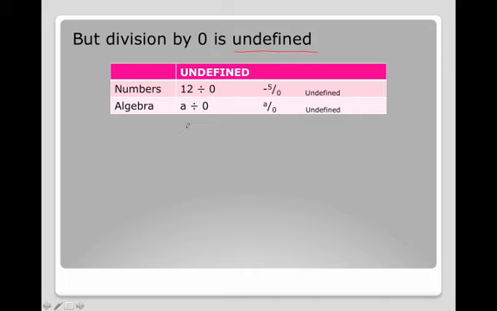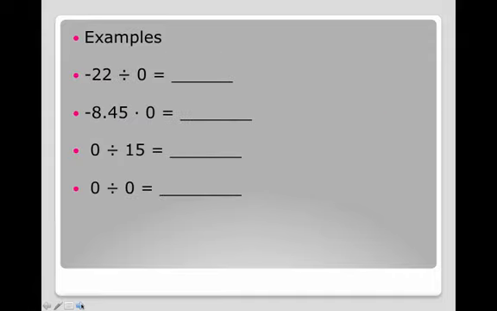If you say that 12 divided by 0 is 0, you are wrong, and it'll get marked wrong, because 12 divided by 0 is undefined. It cannot be calculated. Try it on your calculator. See what you get when you do 12 divided by 0. It should give you an error message. And that's the same if we're using a variable. A divided by 0 or x divided by 0 is still undefined.